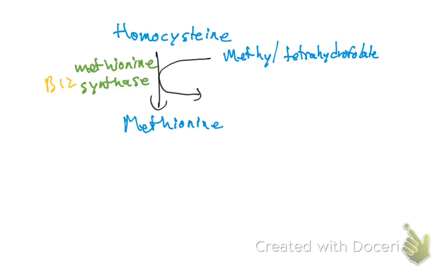When we convert folic acid to tetrahydrofolate, it goes to 5,10-methylene tetrahydrofolate, and then we use the enzyme methylenetetrahydrofolate reductase using B2. And then you have your 5-methyl tetrahydrofolate.